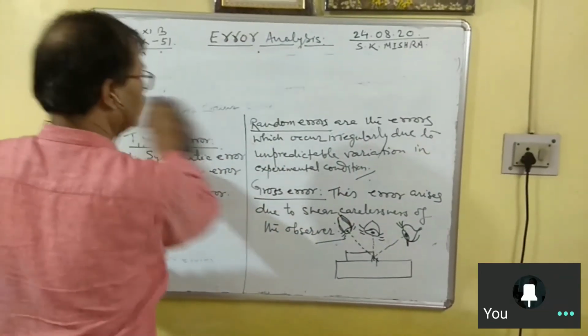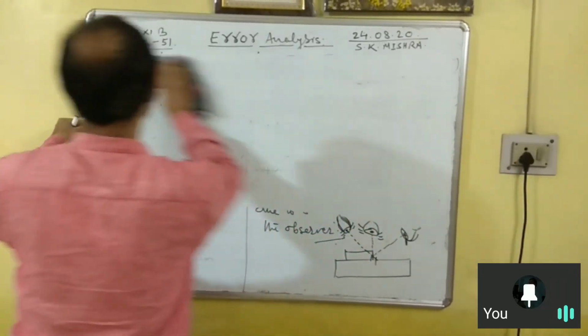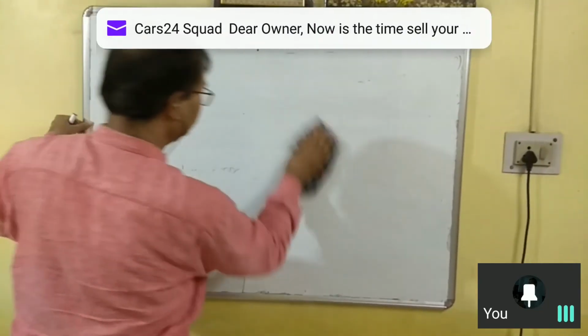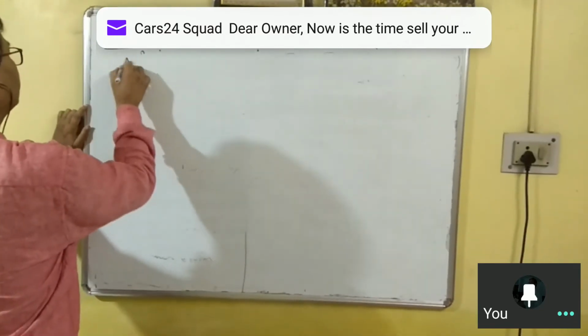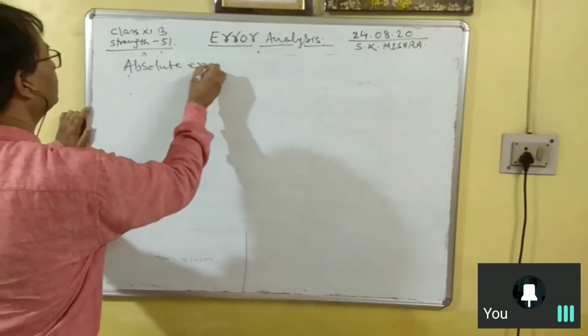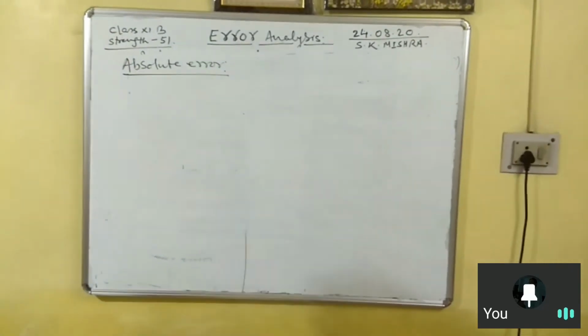Now, the next part is absolute error. What do you mean by absolute error? Okay, written.